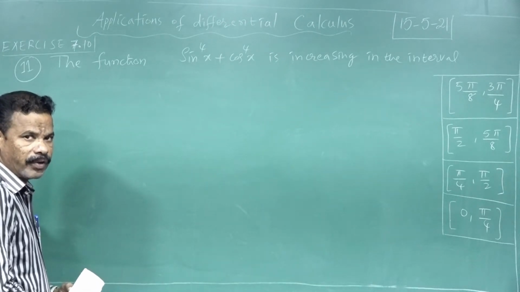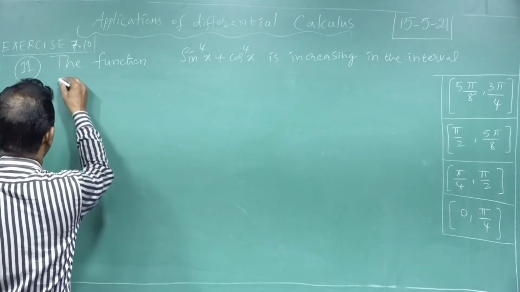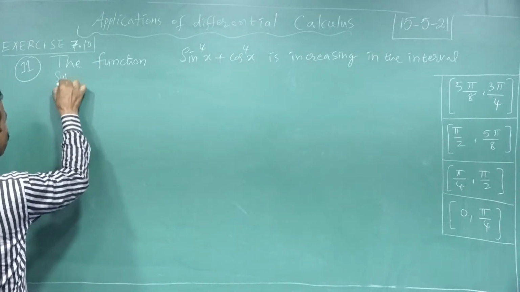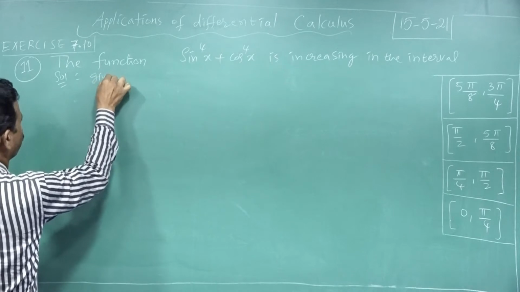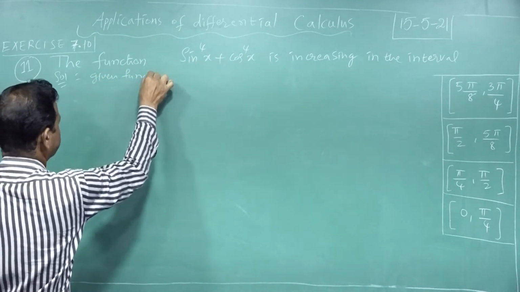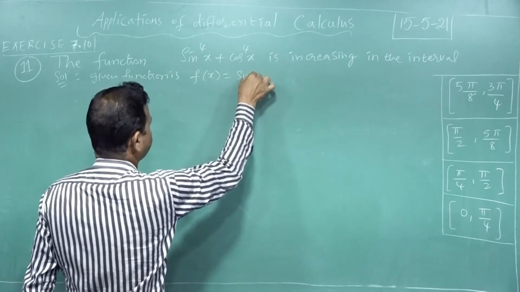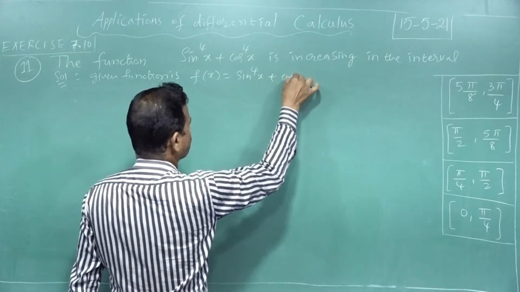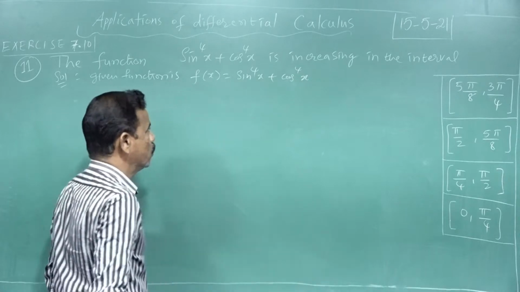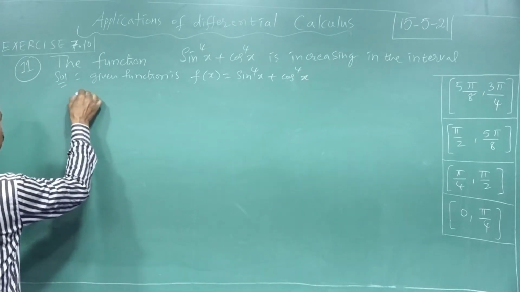First of all, we find the first derivative. So the given function is f(x) equals sin⁴x plus cos⁴x.